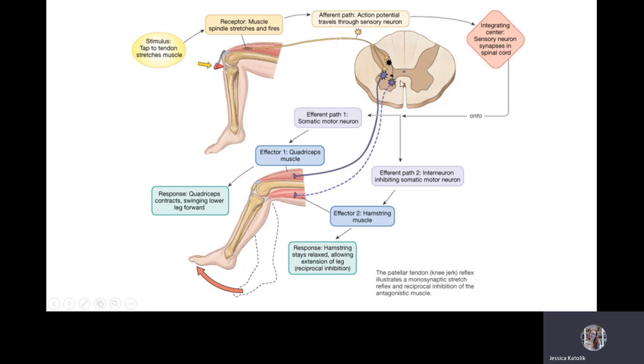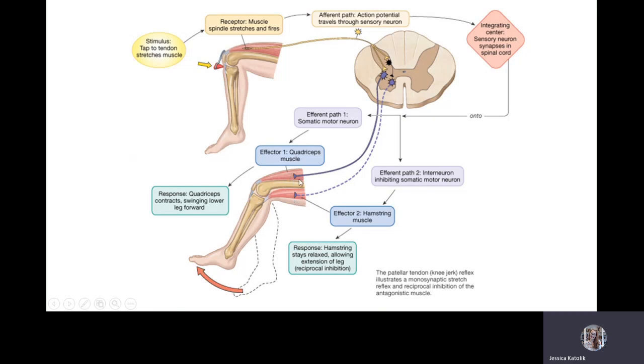So this is going to be an inhibitory signal. That's why they are representing it with a dotted line. So it's stopping any signal going from the hamstring. And so this will allow the hamstring to relax and allow the knee to extend.